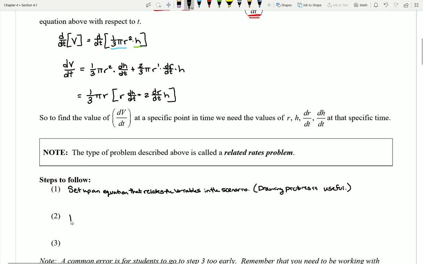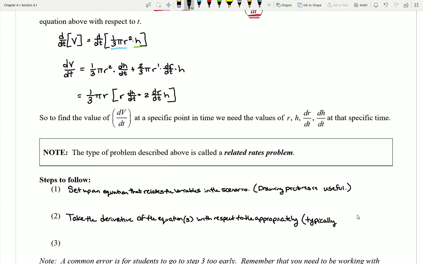So I could say here that I would next take the derivative of the equation, or if I had multiple equations, I would do this with respect to the appropriate variable, which in our cases is typically going to be the variable of time. So I'll put here typically time.